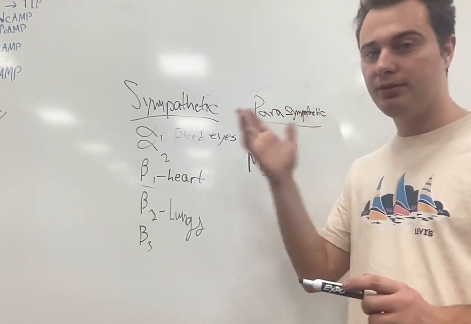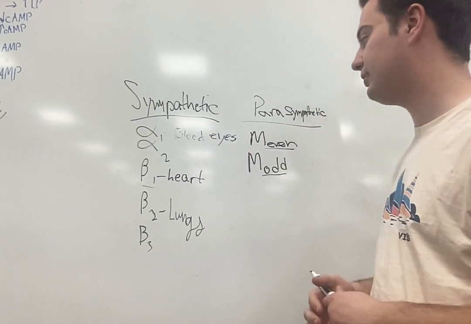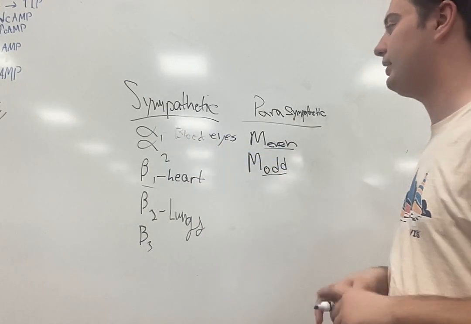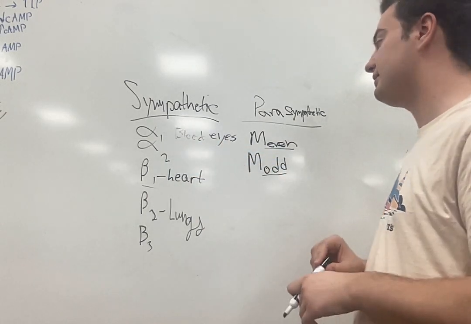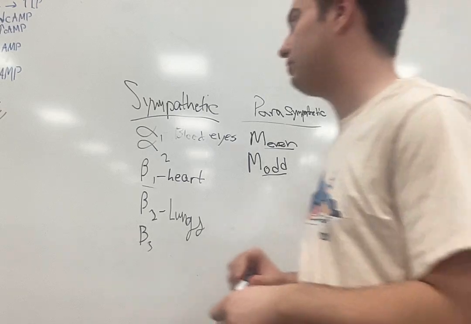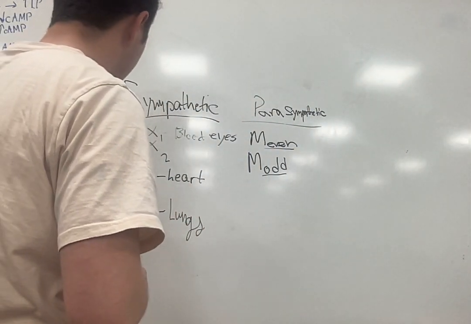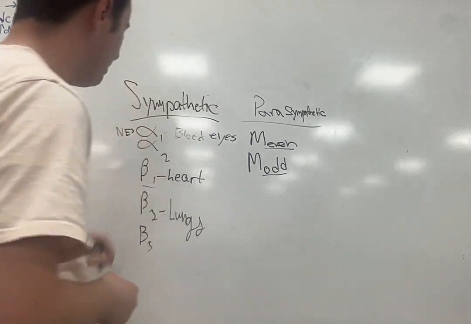Now, some of these react better relative to others, right? For example, for alpha-1, which is for your blood and eyes, if you want to activate the sympathetic system, you're going to want norepinephrine, which will be better. But it's different for each one of these.